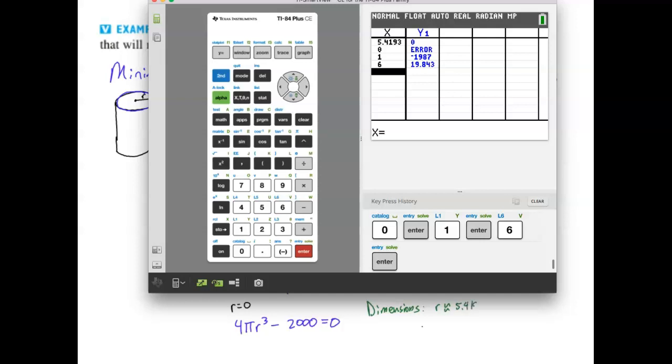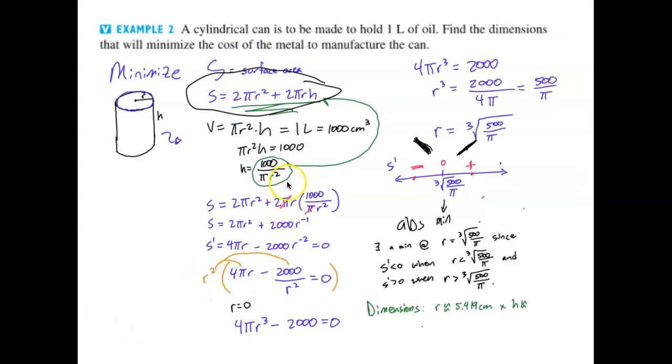And we would be in centimeters. My height is going to be approximately, and I can find that, my height is 1,000 divided by pi times my radius squared.